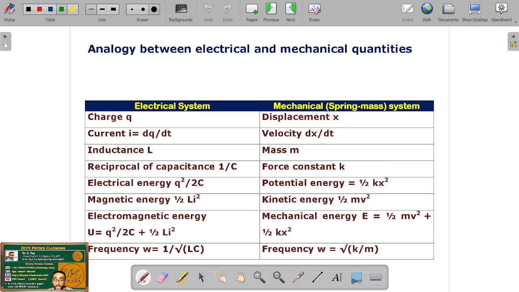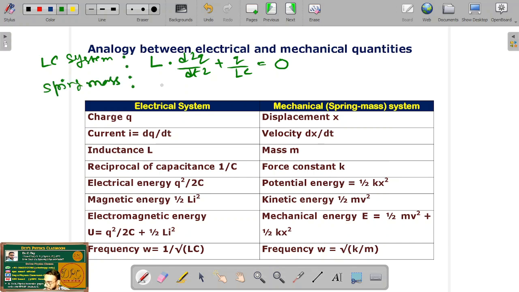Now we will find the analogy between electrical and mechanical quantities for this LC system and the spring mass system. We obtained the second order differential equation for the LC system, that is L d²q/dt² plus q/C equals 0. For the spring mass system, the second order differential equation would be m d²x/dt² plus k x equals 0.